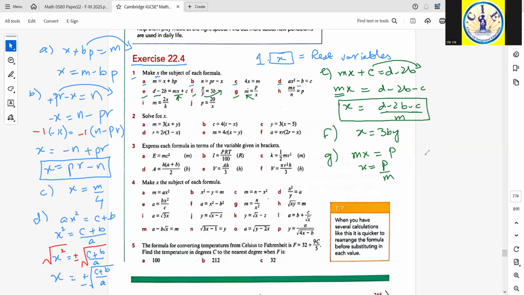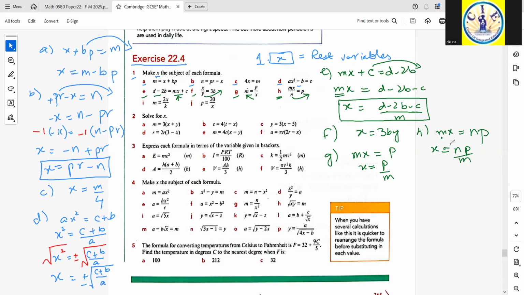And then for part H, first of all, this n will be shifted to the right side to make it mx is equal to np. Then to shift this m to the right side of the equality, this will be np divided by m.